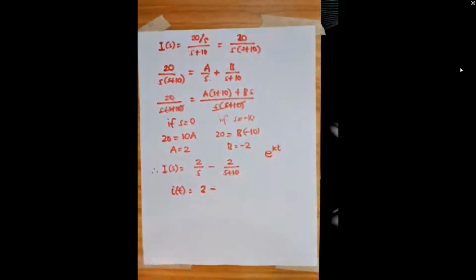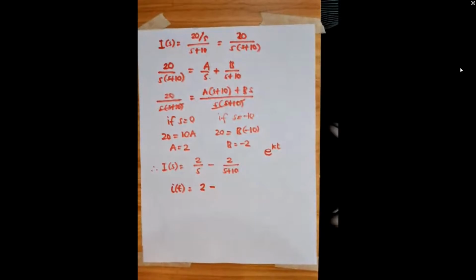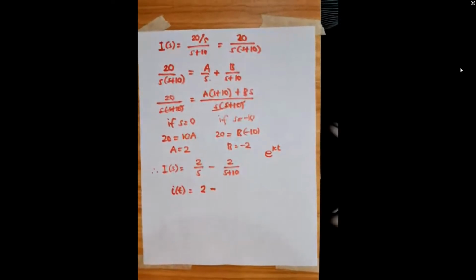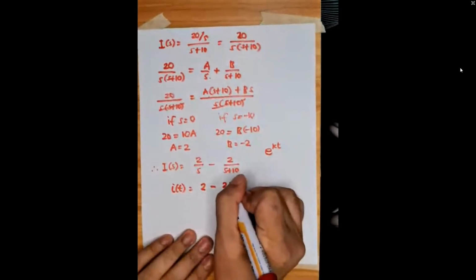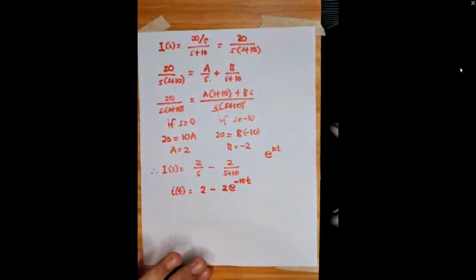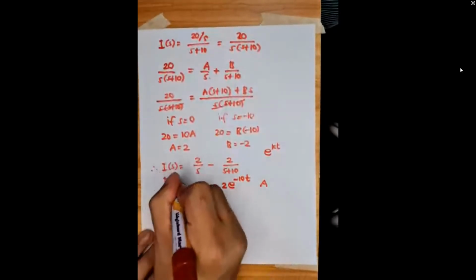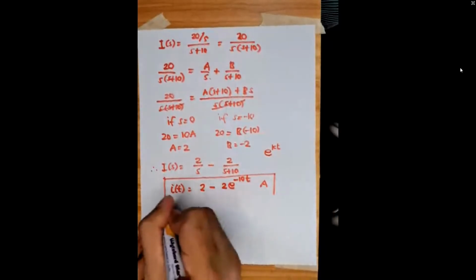Medyo nakalito kasi sa DE ang gamit ay N, sa circuits ang gamit ay K, pero pareho lang naman ang ibig sabihin. That's equal to 2 e raised to negative 10t amperes. So this is our final answer.